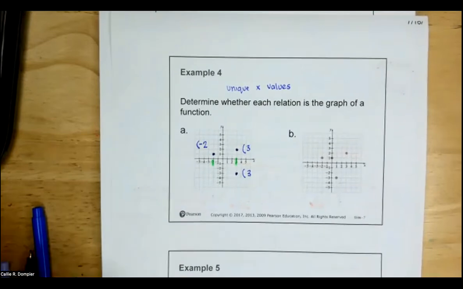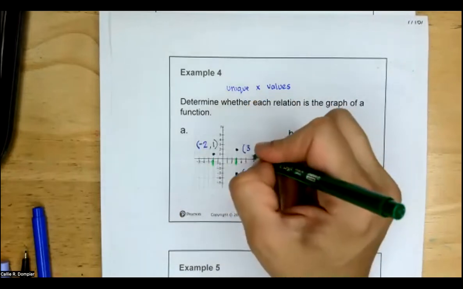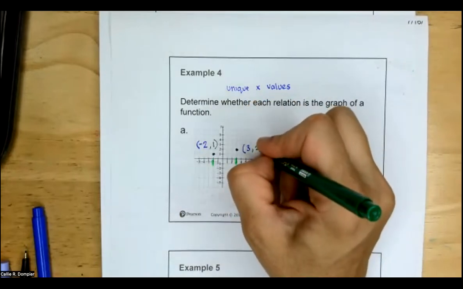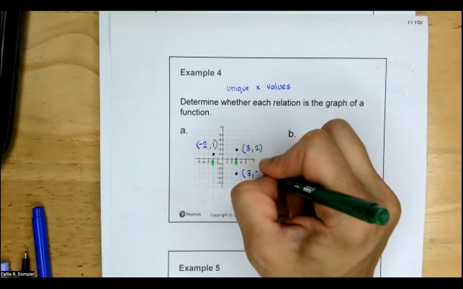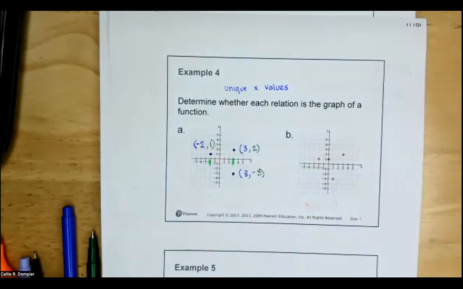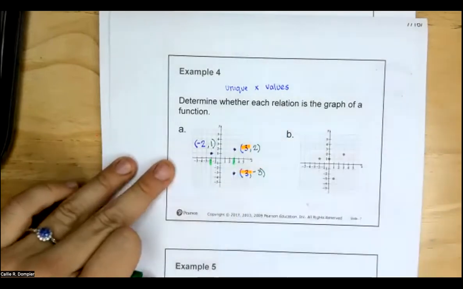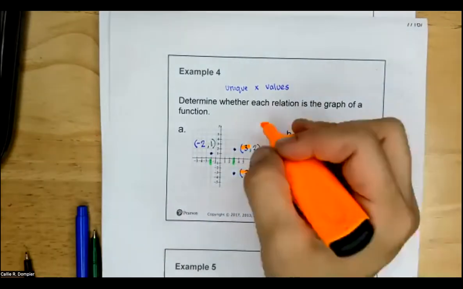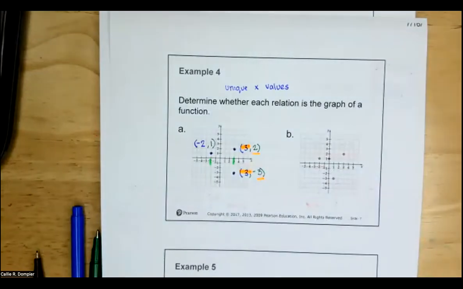Now, what are our y values? Here, my y value is 1. Here, my y value is 2. And here, my y value is -3. So, because I have the same x value with different y values, this is not a function.